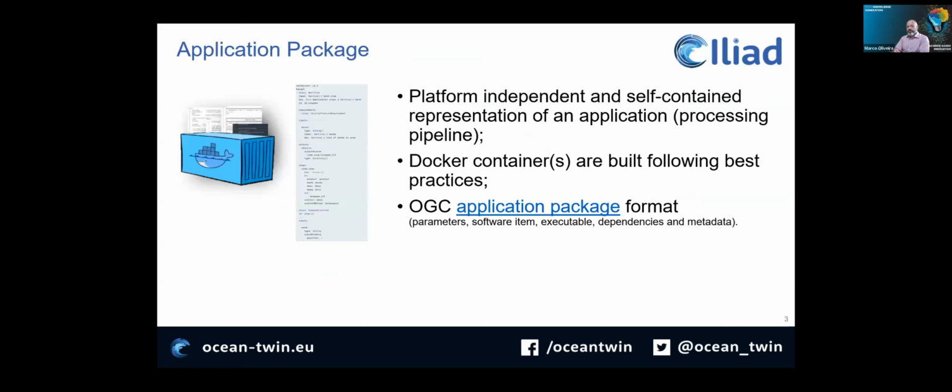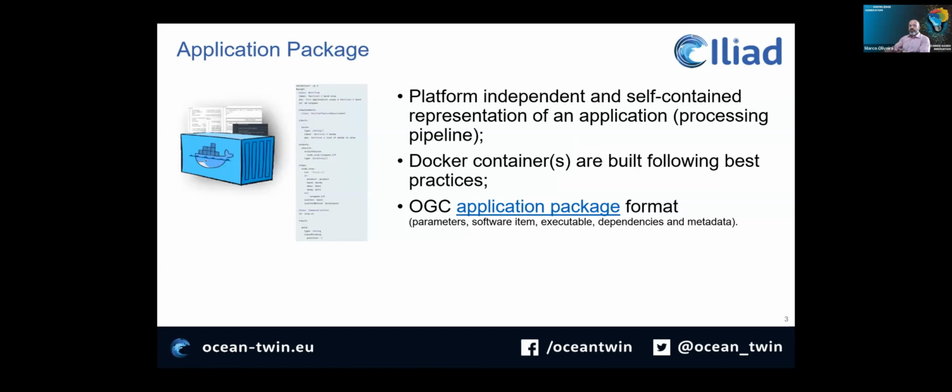So what is an application package? An application package is a textual description that is platform independent, that is self-contained, and that allows the representation of an application. It provides the inputs, the outputs, the software items that are required, which are executable, which dependencies they have, and all the metadata that are required for that application.